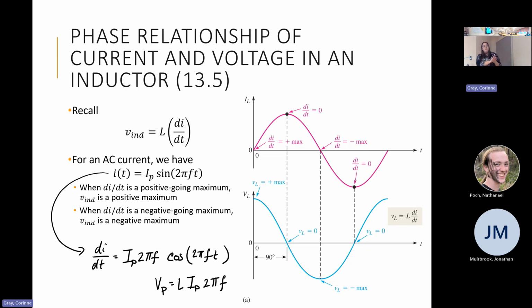If we're looking at our source here, it's constantly flipping directions, which means we would need to be utilizing Lenz's law with our inductor. So it too has a reactance equation.